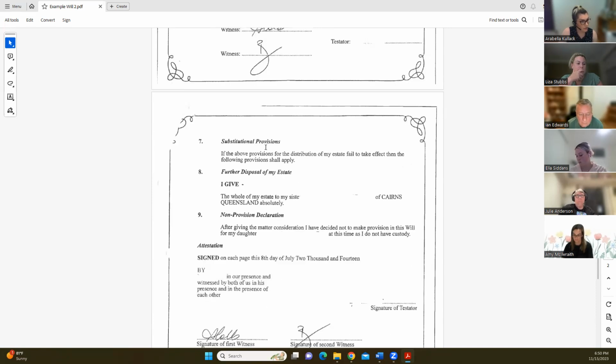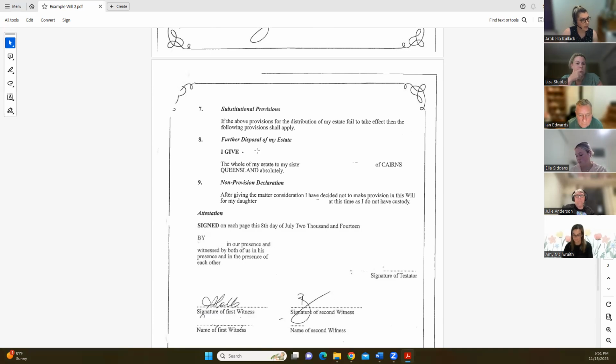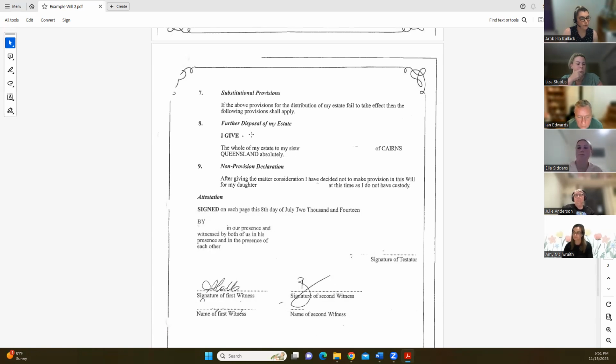The substitutional provision is given at clause 8, where this will maker has gifted the whole of their estate to their sister. Absolutely. So this is sort of the backup provision if both parents have passed away.